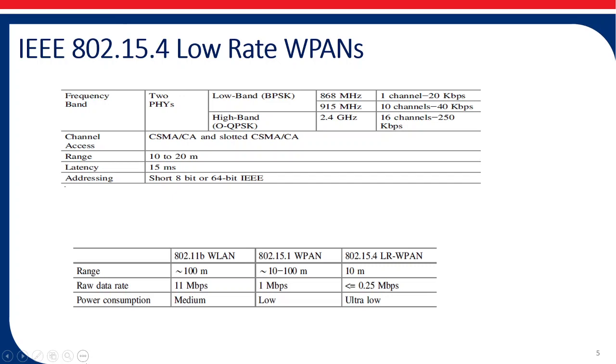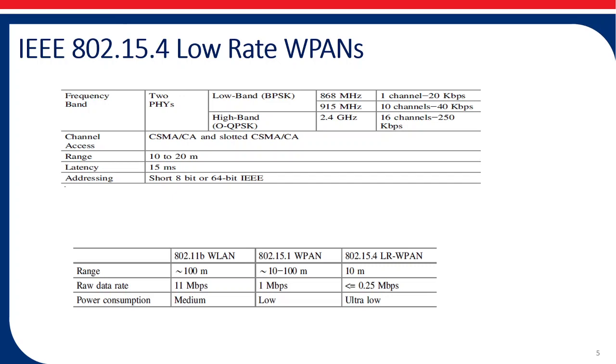The MAC layer is also responsible for validating frame delivery, network interference, network synchronization, device association, and secure services. The range is given as 10 to 20 meters, latency 15 milliseconds, and addressing is 8-bit or 64-bit IEEE.